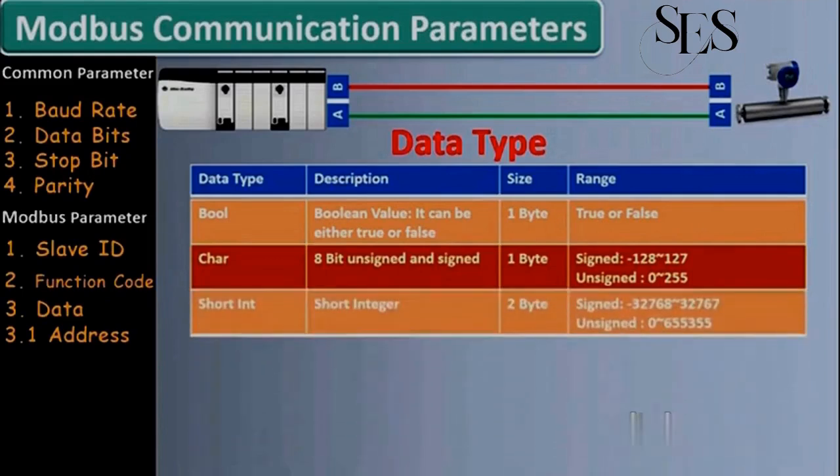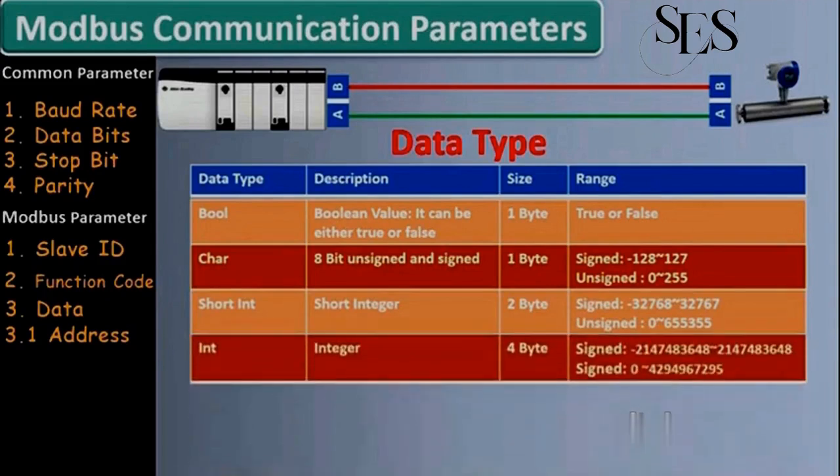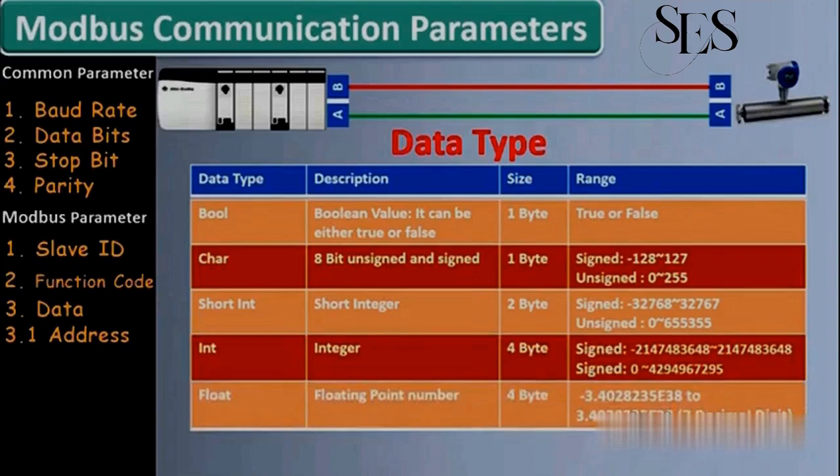Then we have the short integer data type. In short integer, 2 bytes of data can be transferred. Then we have a 4 byte integer data type. Then we have a 4 byte float data type, which is usually used to transfer real-time values from our instruments, energy meters, or any other device.